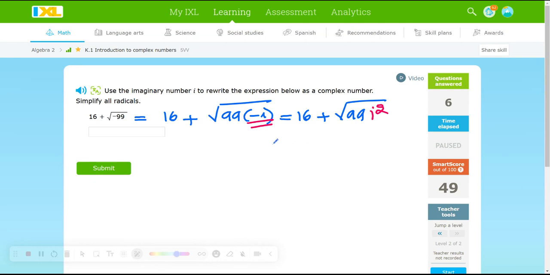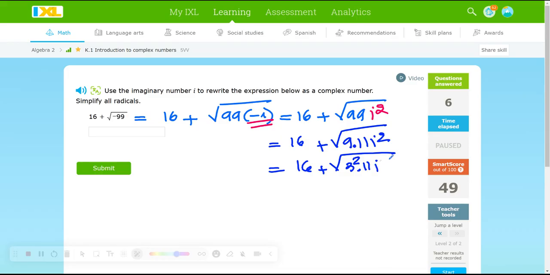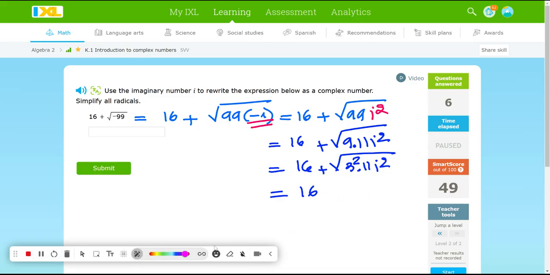I can simplify this. Okay, 99. Ooh, 99 is 9 times 11. Okay, because we need a perfect square. 9 is 3 squared. Okay, and then i squared. So 9 is 3 squared, 11, and then i squared.